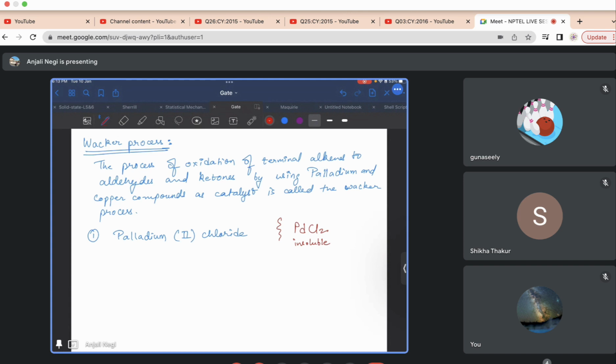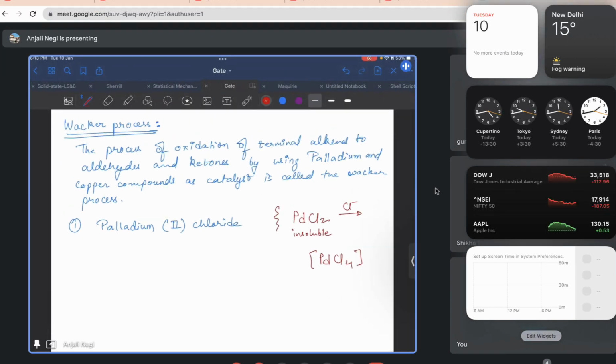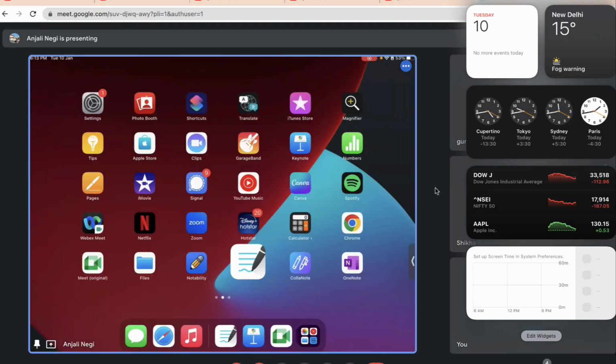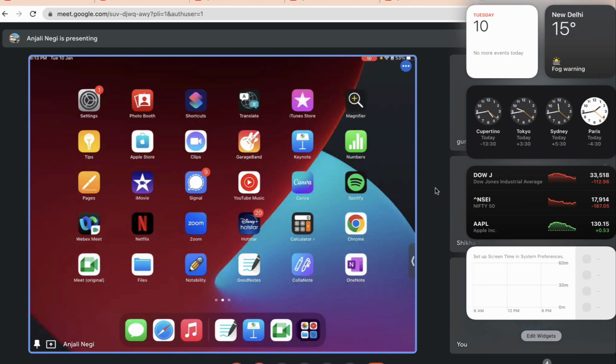So we have chloride ion in our solution, and it will give me PdCl4 2 negative. What was the oxidation state there in our question itself? You can just check here: 2 negative, yeah.